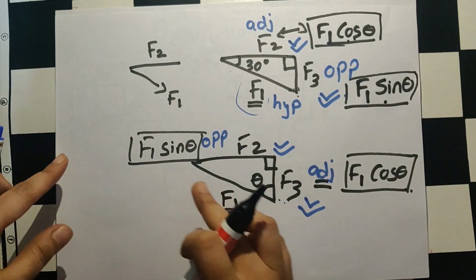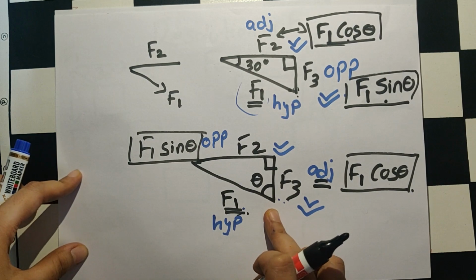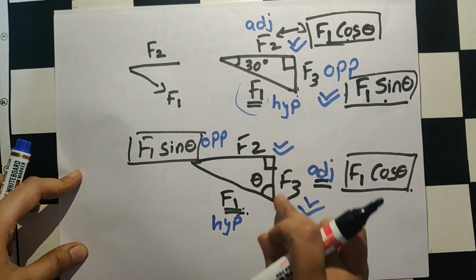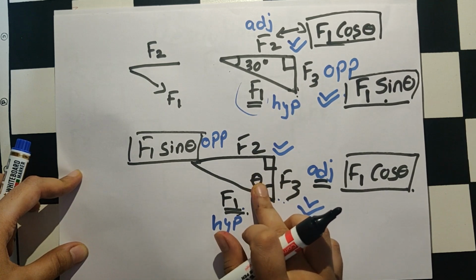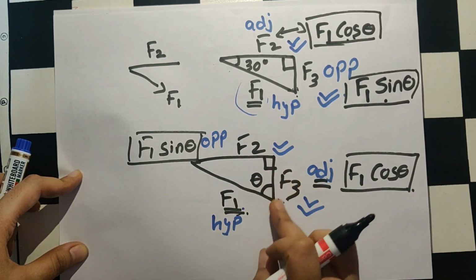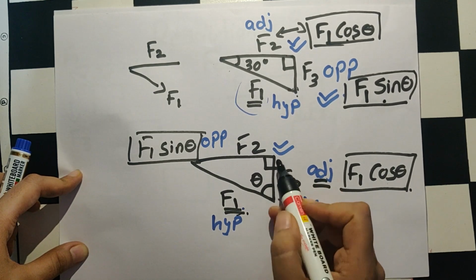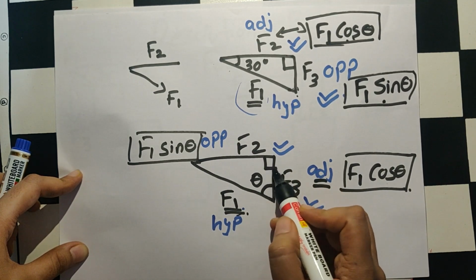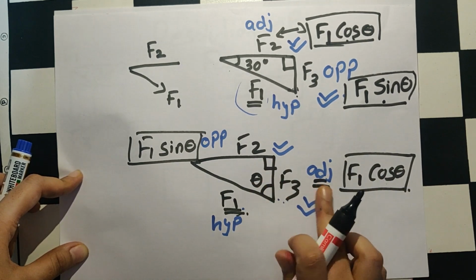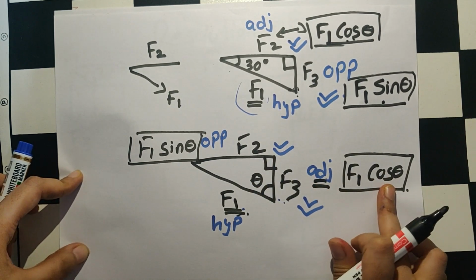So this is your original force F1 and it is inclined to the vertical at 60 degree, which means this theta is given. In such cases, this becomes your adjacent because this is the side which joins your 90 degree angle and the theta. Since this becomes your adjacent, this becomes your cos component.